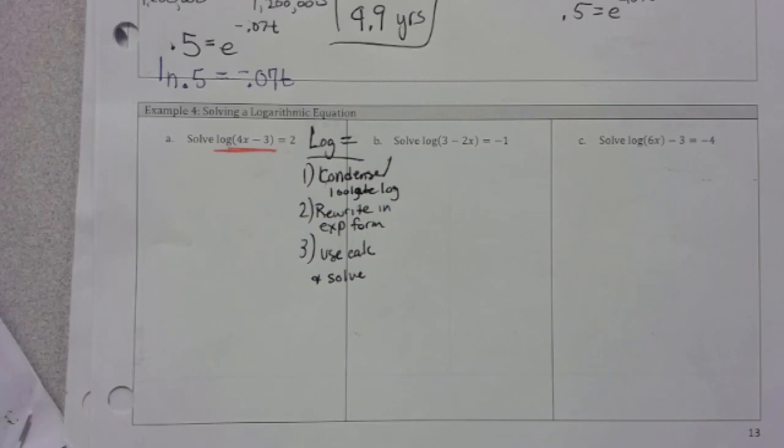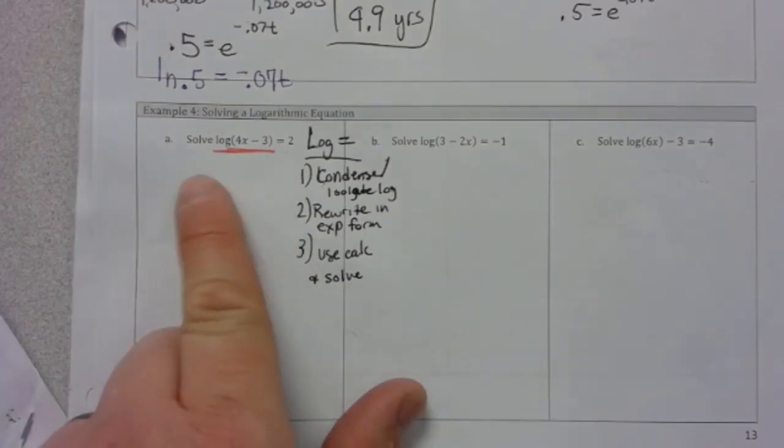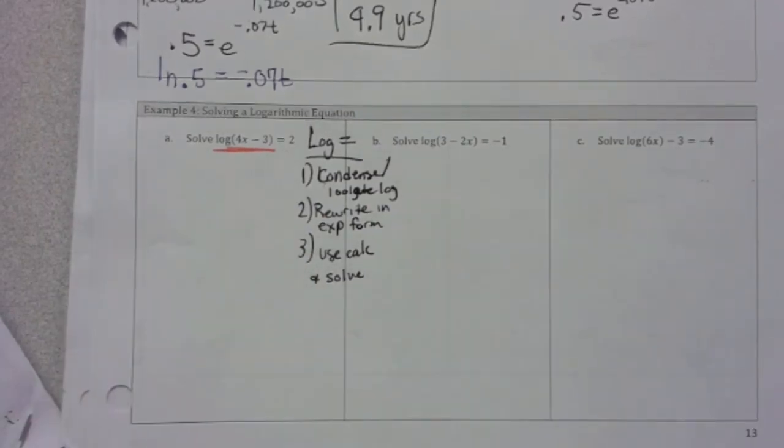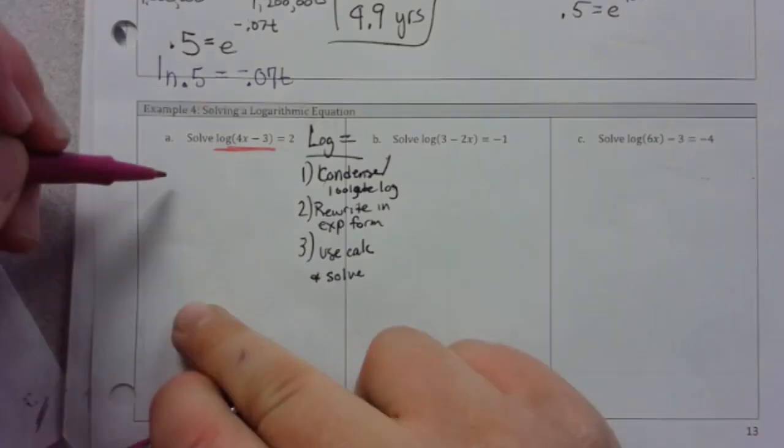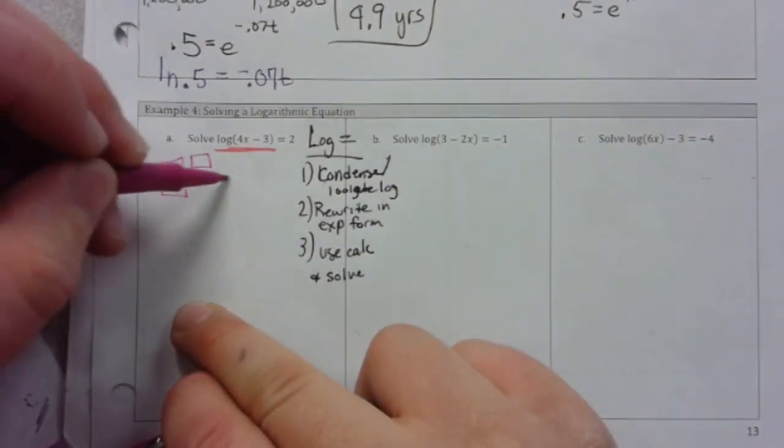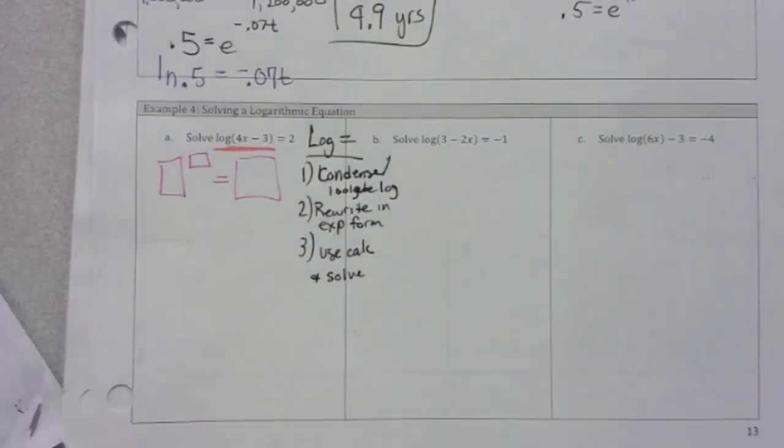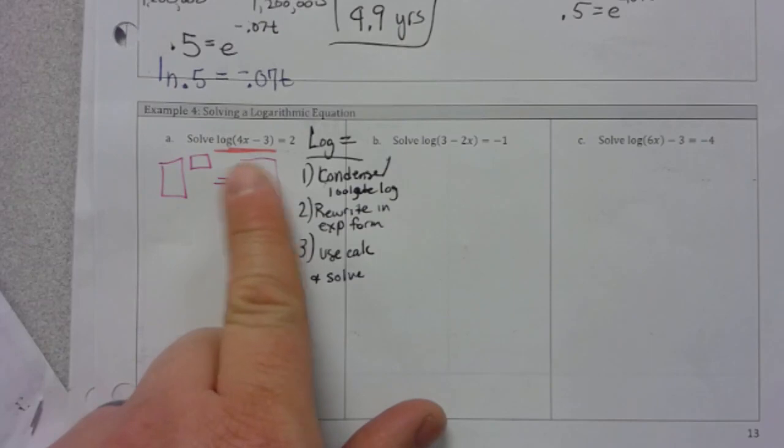Now I know my exponent. My exponent is a 2. It's 100. 10 squared is 100. Followed by the last part, 4x minus 3. We just did step 2.